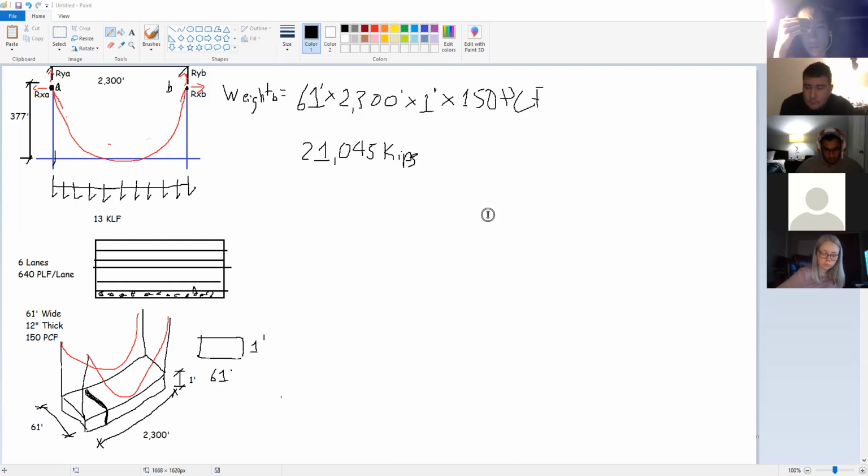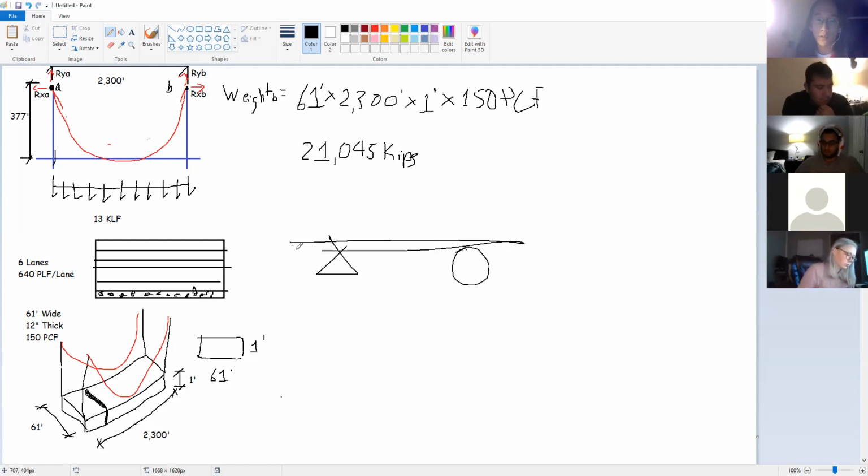Oh, okay. Right. I don't think he uses this measurement. So this is why he doesn't use the measurement. Remember when we were doing free body things, we would have a pin, we have a roller right there.